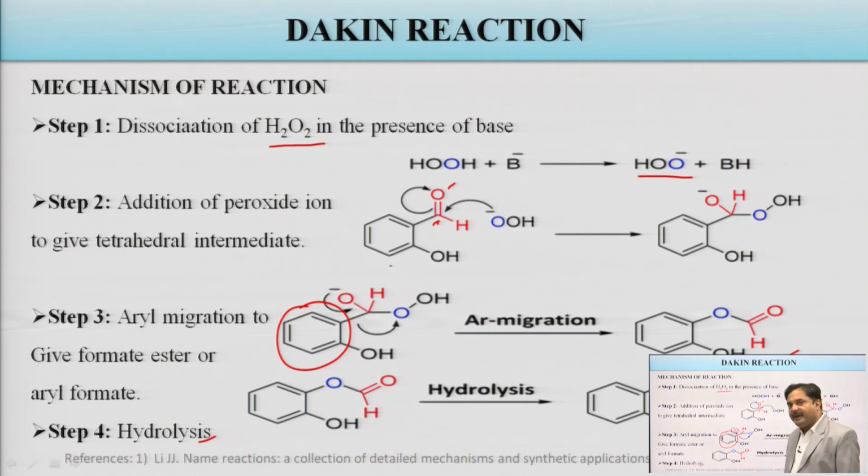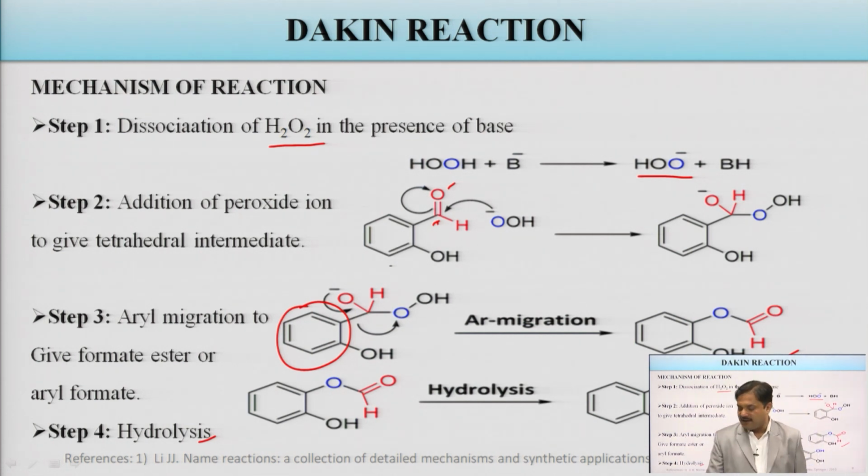So, in the presence of base, hydrolysis occurs, the side ester chain breaks, and it is converted into the diol. So, 1,2 benzene diol is produced as the final product.